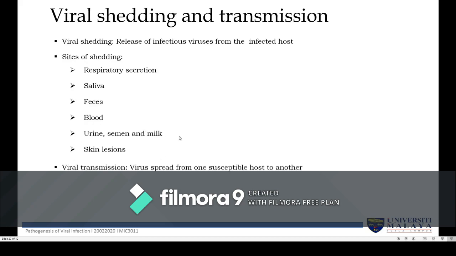And then it will be transmitted: virus spread from one susceptible host to another. So it starts from the entry, then spread, then shedding, and also transmission. This is the full mechanism of viral pathogenesis.